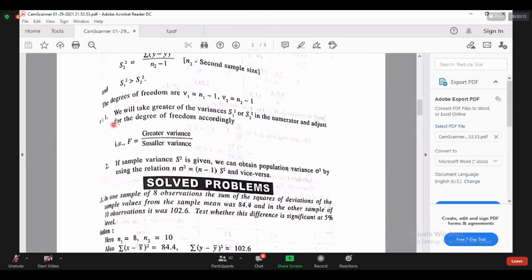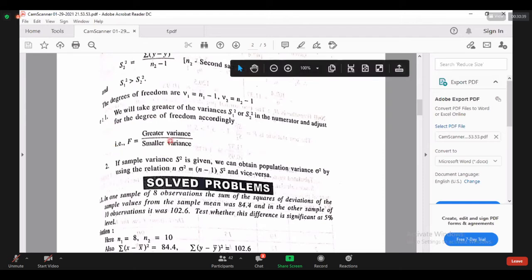See, this is the general notation: F calculated is the greater variance by the smaller variance. Suppose S2 square is greater than S1 square. In such a case, F calculated is S2 square by S1 square. Is that clear? I hope your doubt is clear, right?